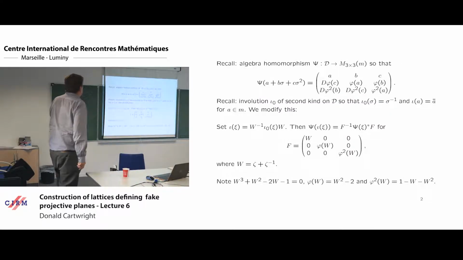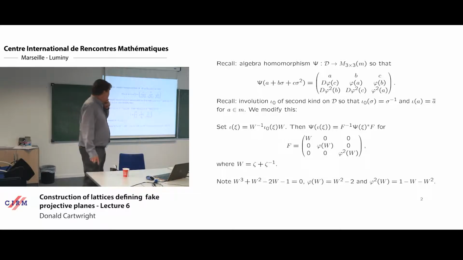Okay, so remember in an earlier lecture I talked about this homomorphism psi that takes D to the matrix algebra, the 3 by 3 matrix algebra with entries in M. So apart from this theoretical thing, this is how we realize the elements of our division algebra as matrices.